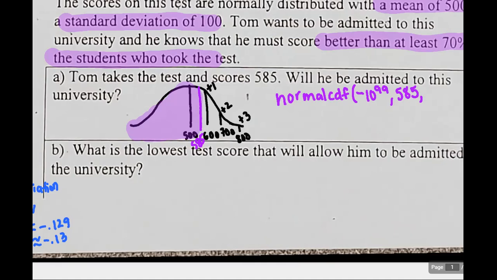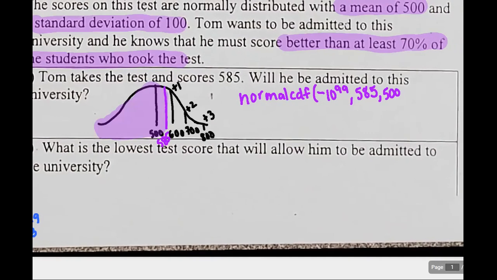I know it's more than 50% because it's beyond 500, but I just don't know where it is. My mean is 500 and my standard deviation is 100. So I'm going to put this in my calculator to see what I get.